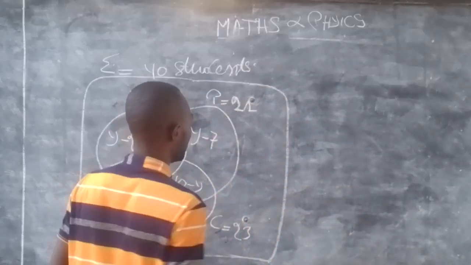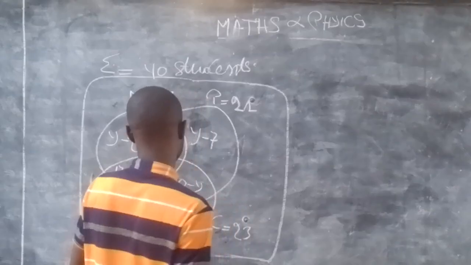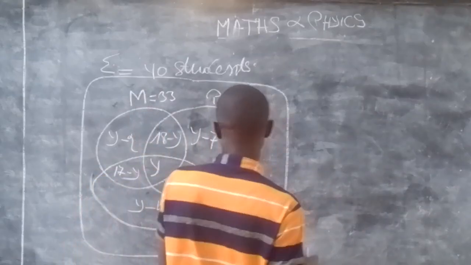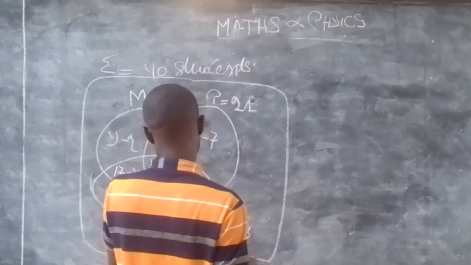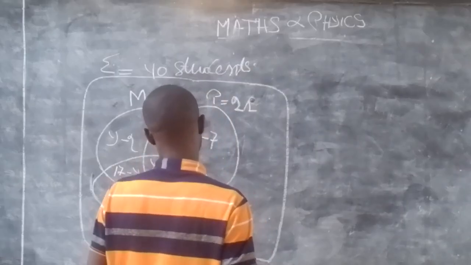By using our equations, which have been found before, we may get the intersection for all three subjects.